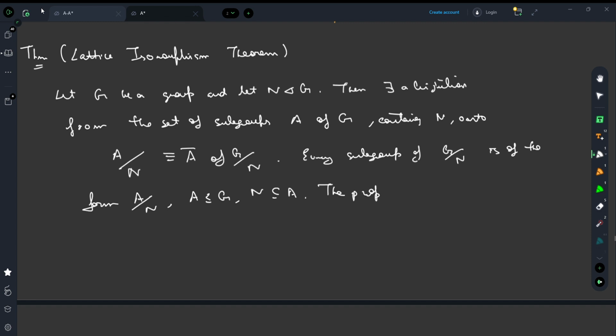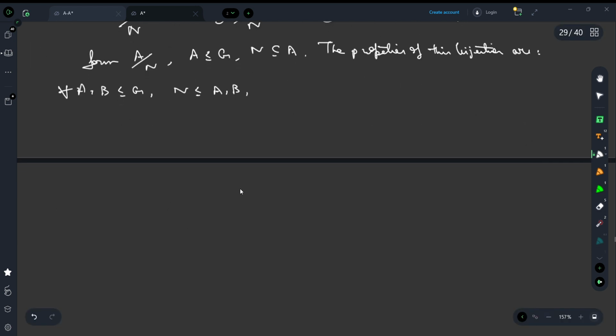The properties of this bijection are, for all subgroups A, B in G containing N: Number 1, A is a subgroup of B if and only if A bar is a subgroup of B bar.